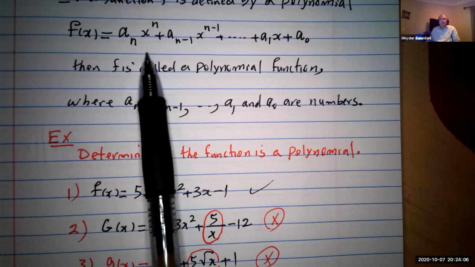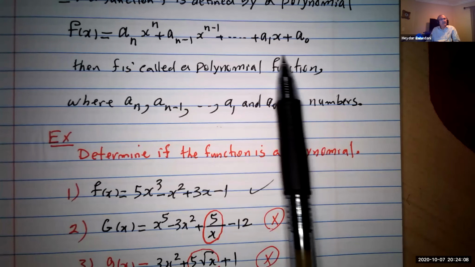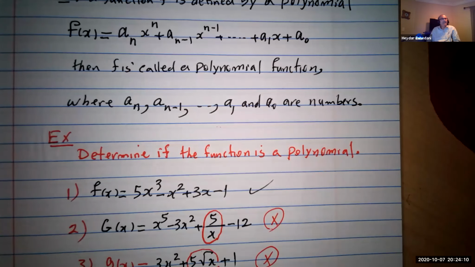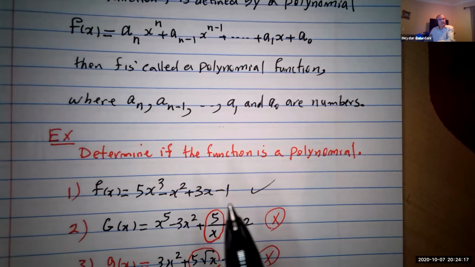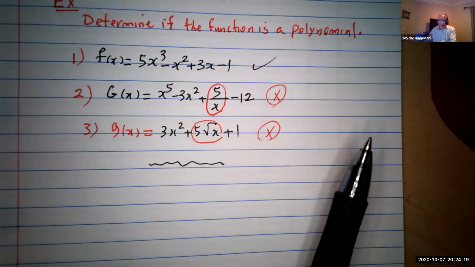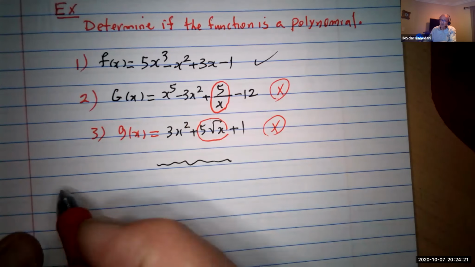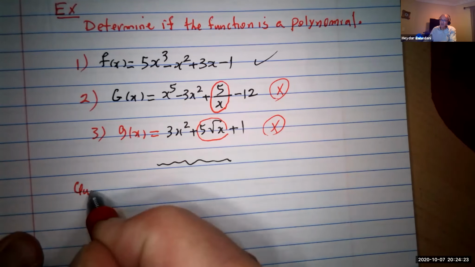The domain of this function is the set of all real numbers. We want to investigate what the graph of a polynomial looks like. This is the question that you are going to answer here.